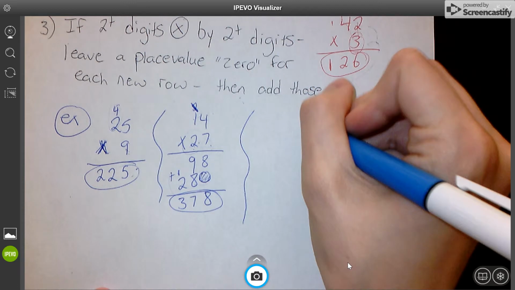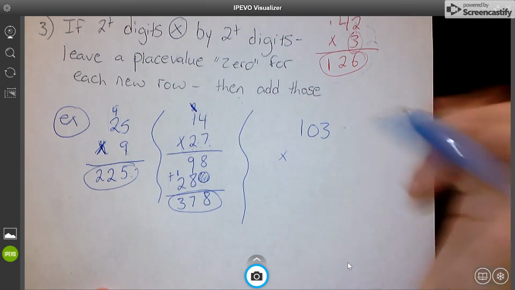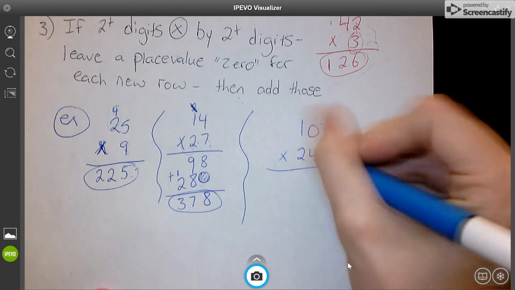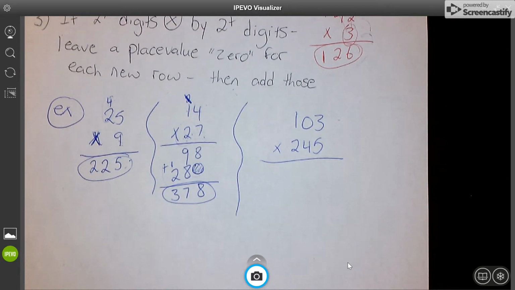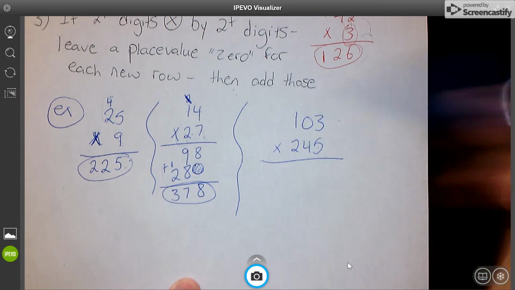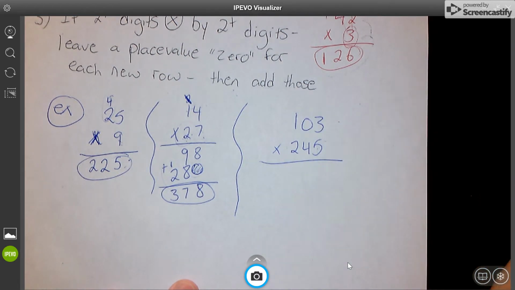Make it tricky though. We'll do a 3 place value by another 3 place value. Okay, so 103 by 245. Again, every number by every other number on top. So all my bottom numbers times all my top numbers.